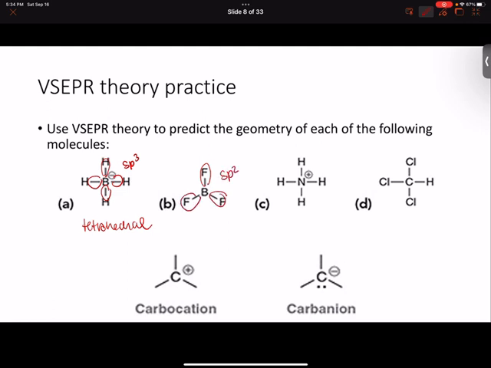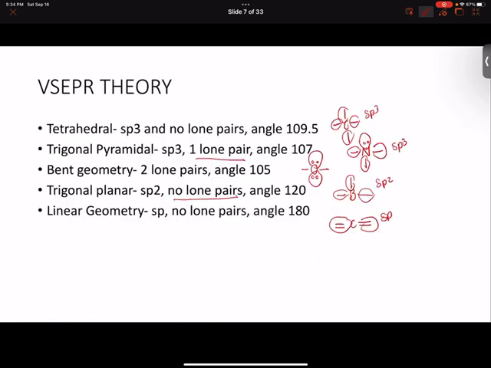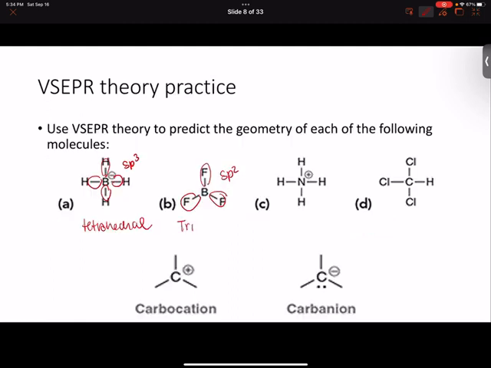It's going to be sp2, and no lone pairs. sp2, no lone pairs, we have trigonal planar. And then we have 1, 2, 3, 4. sp3, no lone pairs, we have a tetrahedral. And then in here we have 1, 2, 3, 4. sp3, no lone pairs, tetrahedral.